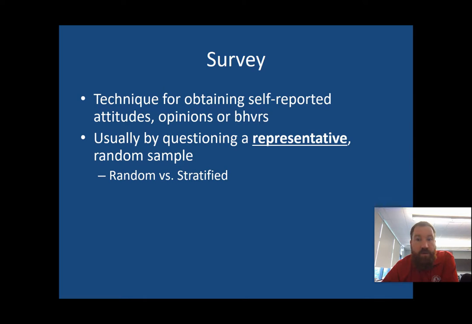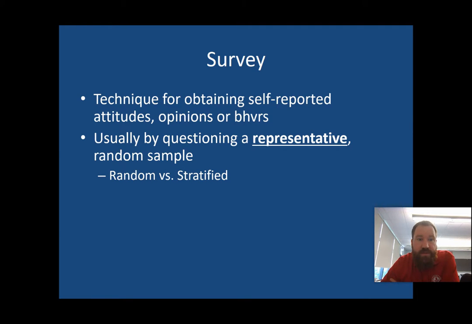You can also do samples by, really, there's two choices. There's random sampling and stratified sampling. I'm going to be clear with my words here. Random sampling does not necessarily mean random as you think it means.